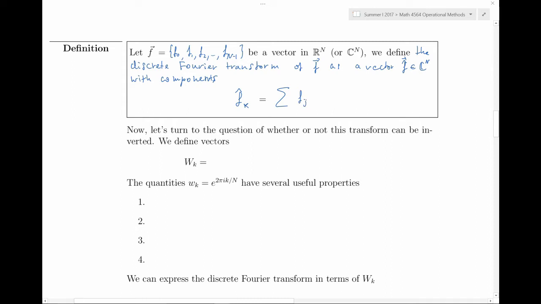We take every sample fj and multiply it by e to the minus 2 pi i k over capital N j. Since we have samples going from 0 to n minus 1, this is the range of summation. You can see here the quantity 2 pi i k over n plays the role of the frequency, and j kind of plays the role of the time.